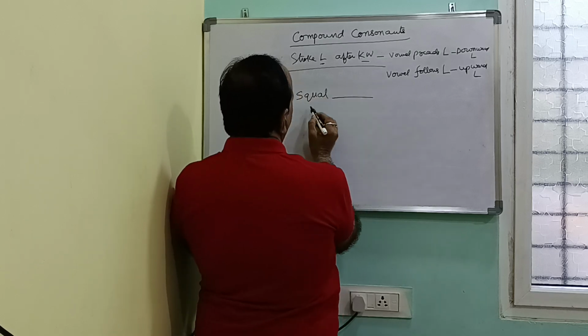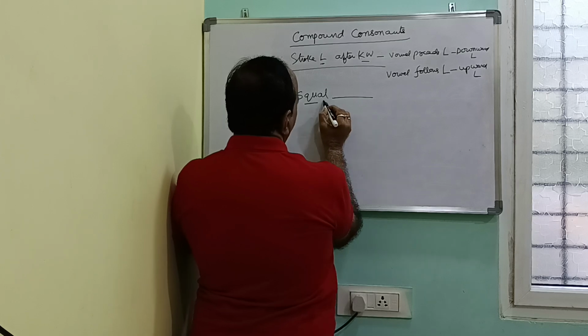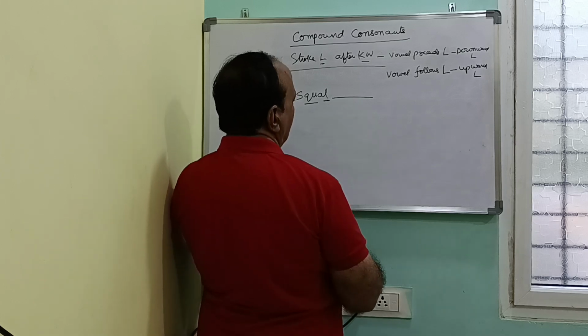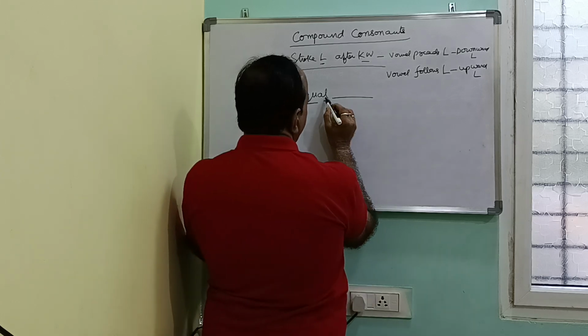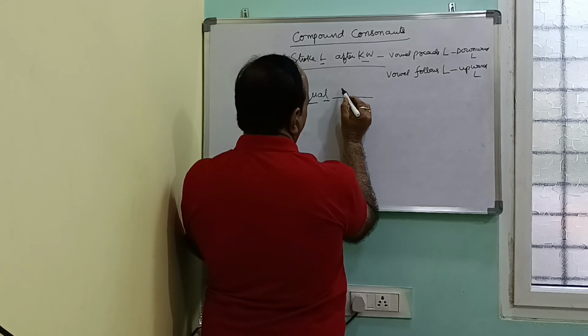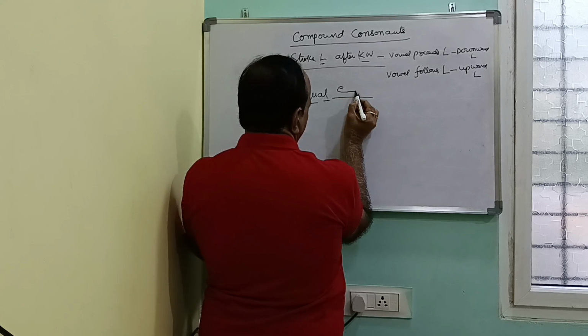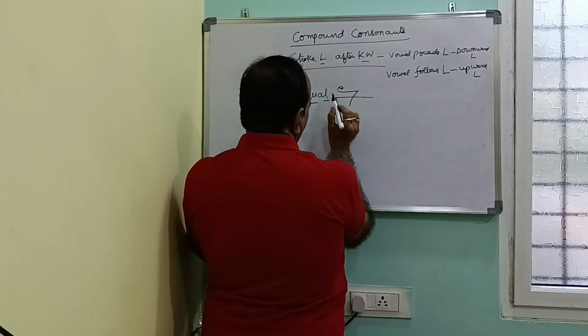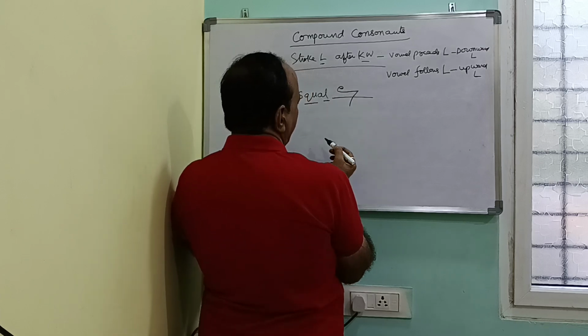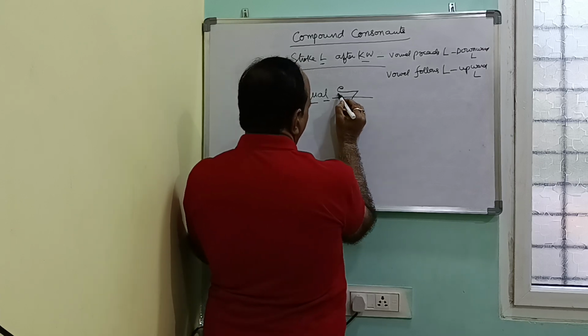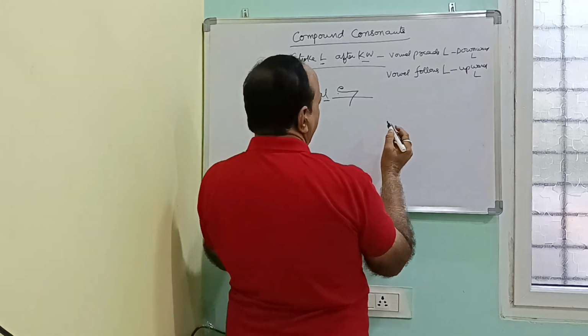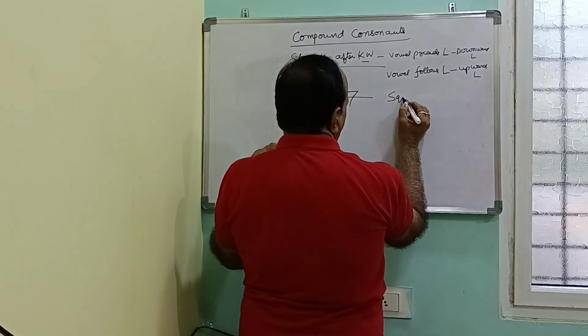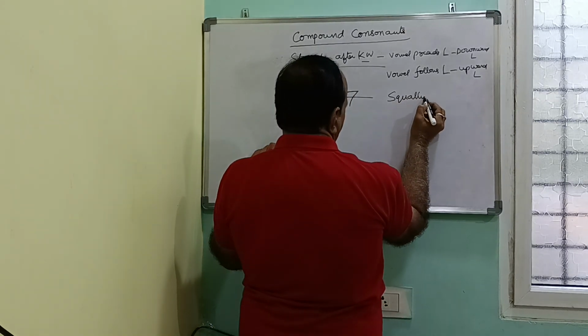Squall. There is a qua here. After qua, there is an L also, stroke L is here. There is no vowel after the L here. So that's why square, then L. No vowel has followed the stroke L, that's why I am writing the L downward here. For example, in the same way, squarely.